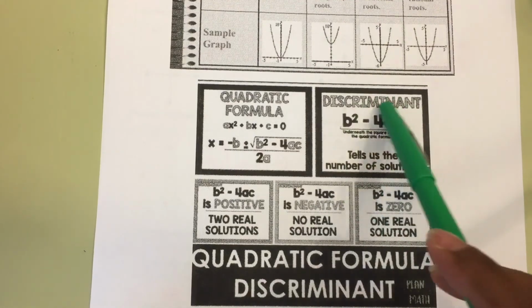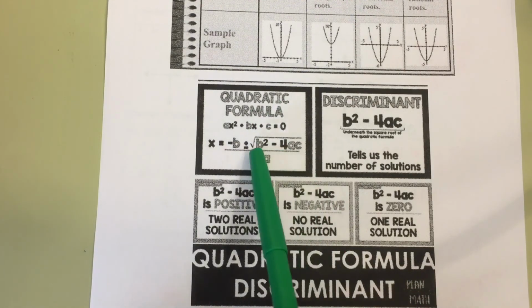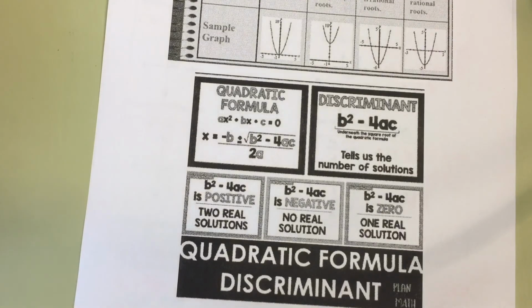This is the discriminant. The quadratic formula is what we're going to go into with part 2 of your notes. And look, there's a discriminant right there, b squared minus 4ac. This is really important, and we'll talk about that in the next set of notes as we lead into using the quadratic formula, which helps us actually find the solutions.